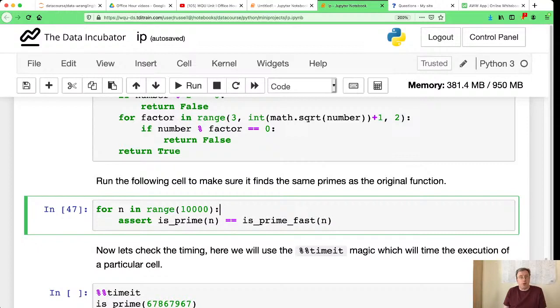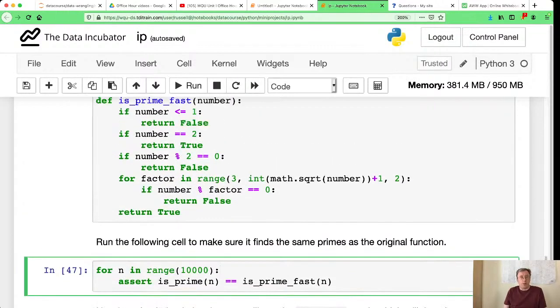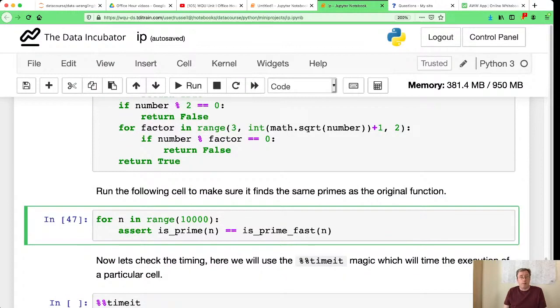Print n, or you could add in a try except block. Try this, and if there is an assertion error, print out the value of n. But that's all assert is doing. I mean, literally it's saying, is this equal to that, and is this true for every value in this range?